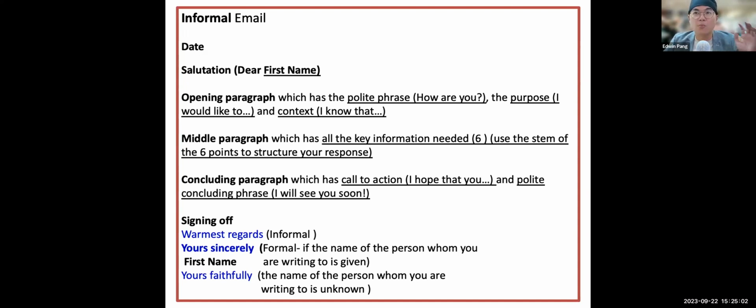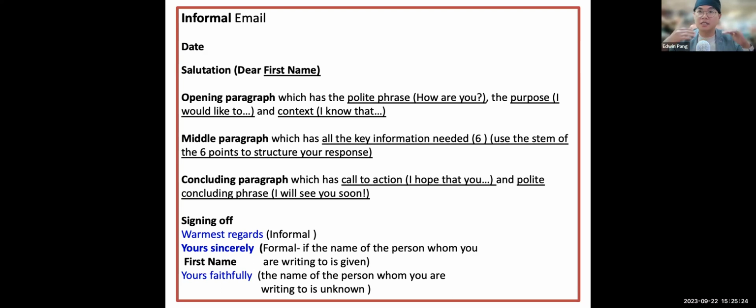So no, it's not I would like to. What is the formal structure? Yes, Claire. I am writing to. Yes, I am writing to. Whenever you're writing a formal email, I am writing to. Whenever you're writing an informal email, I would like to. So just remember, okay? If it's personal, it's like you like something, it's a personal feeling.